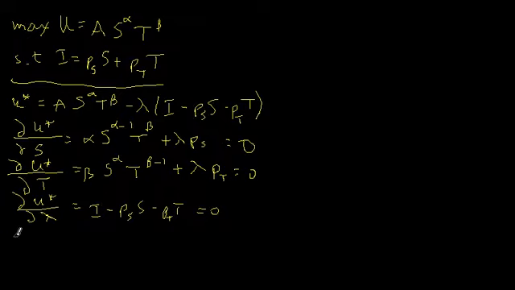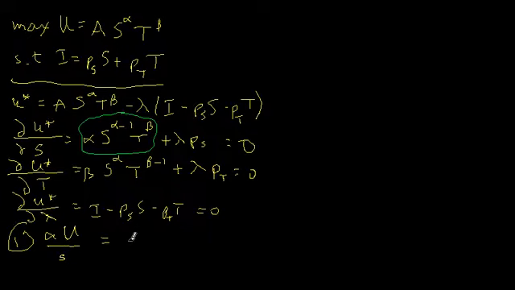Let's write an equation 1 prime here, which says that alpha times U over S. Notice that this expression here is equal to U except for this S to the minus 1 here. In other words, this is equal to utility U divided by S, and that's what we have down here.